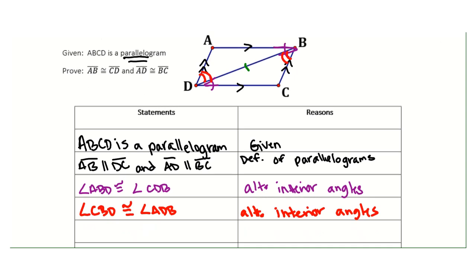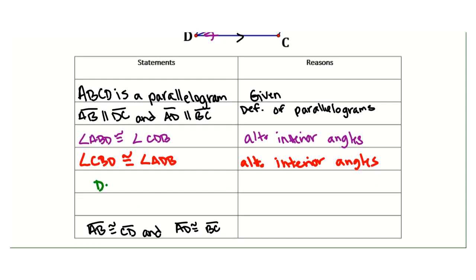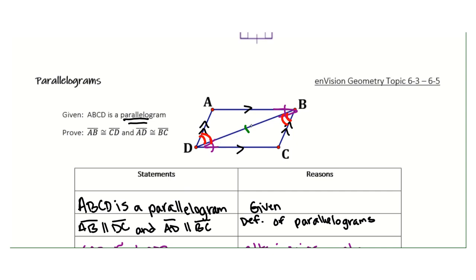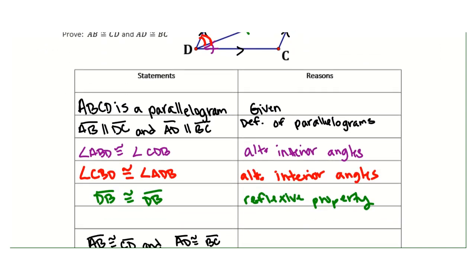So I can say that line segment DB is congruent to line segment DB by the reflexive property. Well, now I have an angle, a side, and an angle. An angle, a side, and an angle. So we've just proved that these two triangles that make up this parallelogram are congruent, and that can help me.